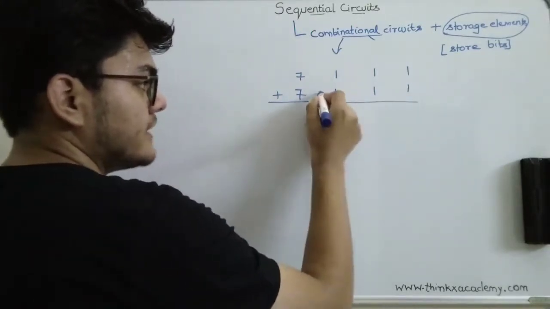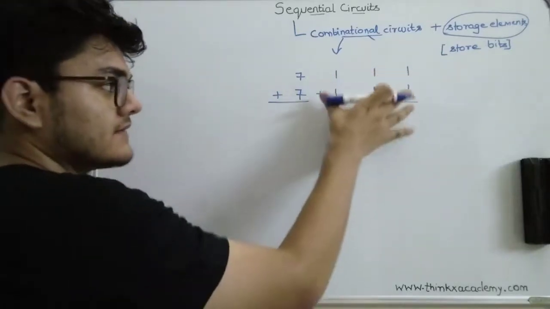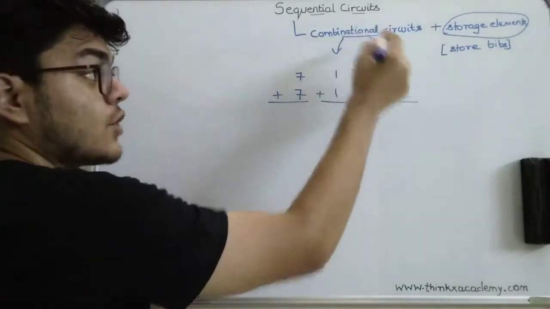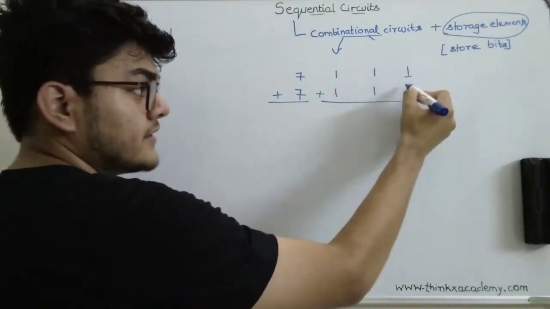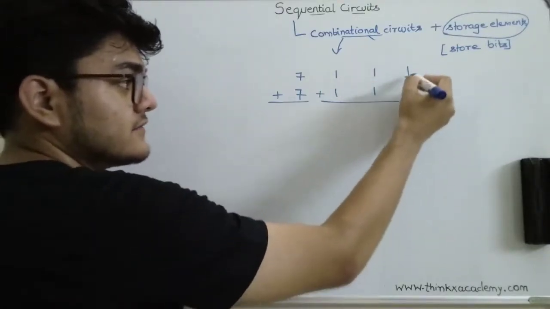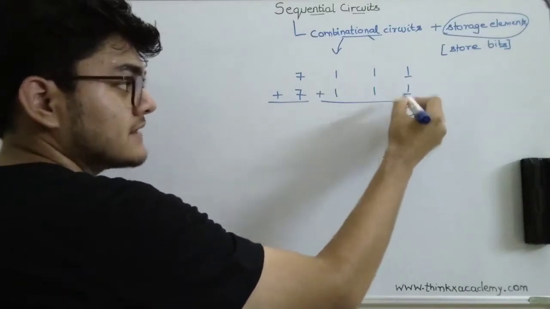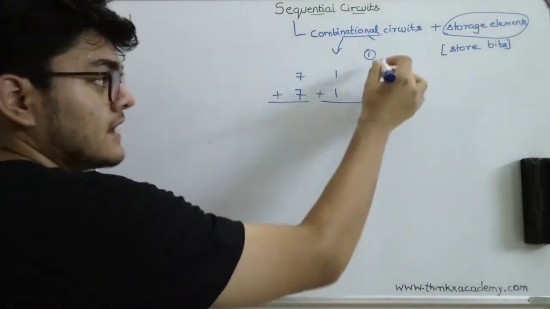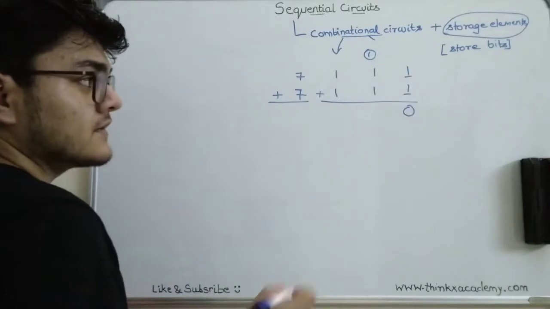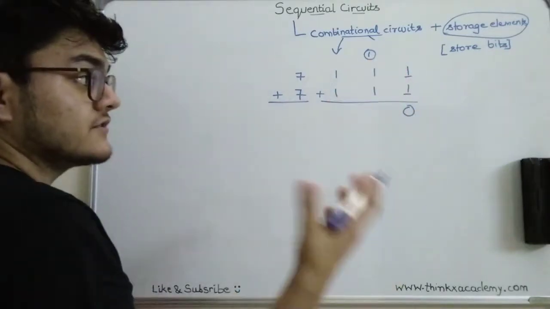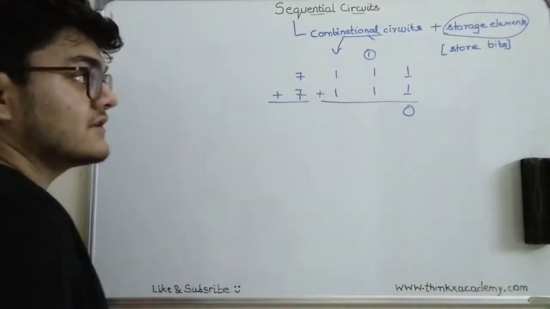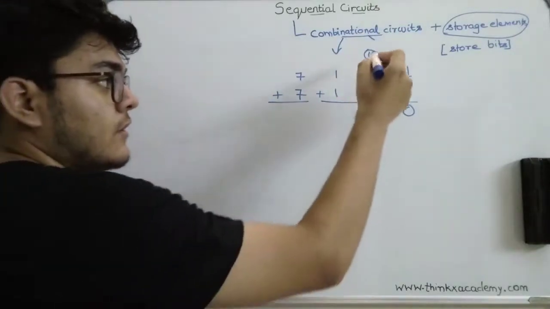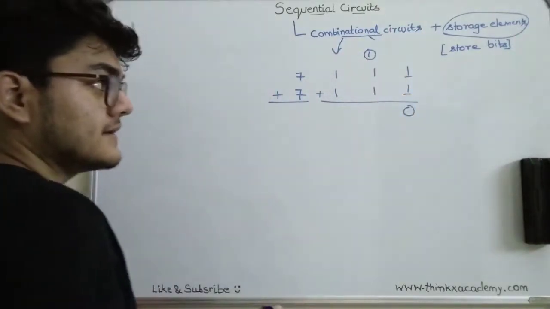At this point, we know that if we want to add these bits, we can make use of the combinational circuits. A half adder is used to add 2 bits, and since these 2 bits will give a sum of 0 and 1 carry, we will then get 3 inputs, and we can use a full adder, which is a combination of 2 half adders, and then we can get the desired result here.